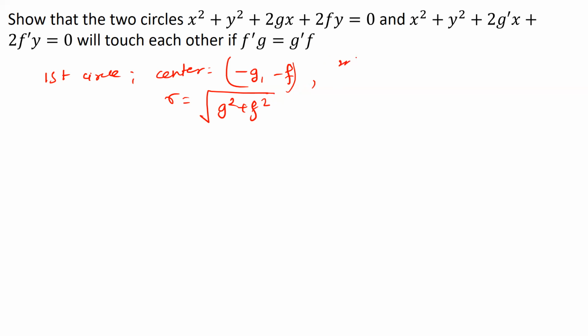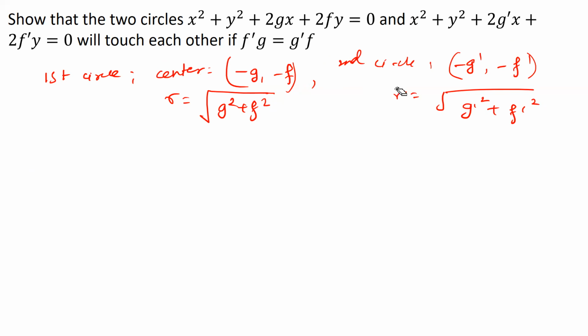And for the second circle, my center is minus g dash comma minus f dash, and the radius is the root of g dash square plus f dash square. These are the two centers, center 1 and center 2, and these are the radii.